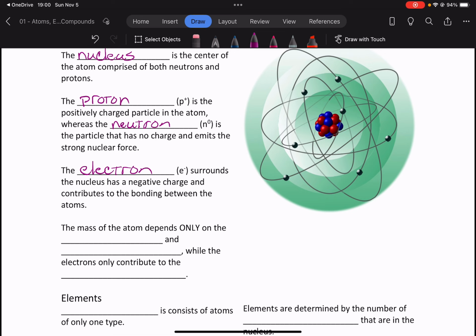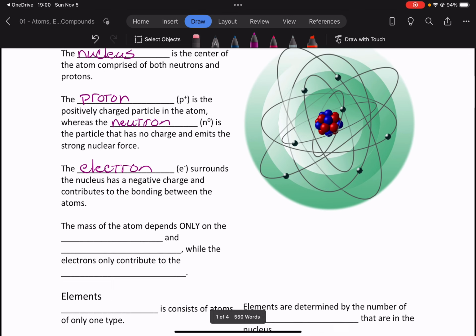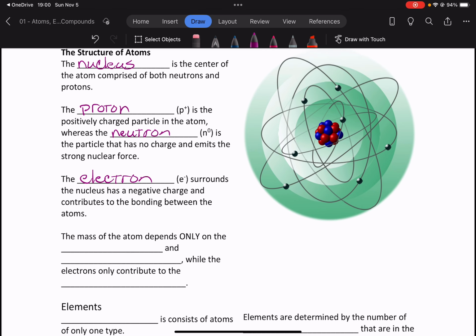The nucleus does not change if the atom is stable, and there are 92 elements that have stable atoms, and we'll talk about that later.